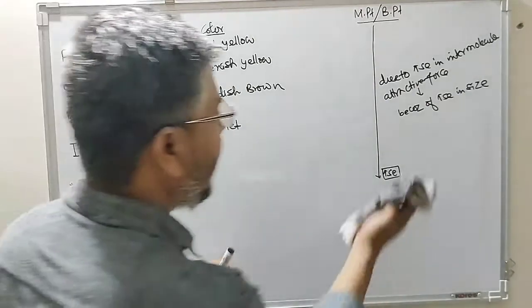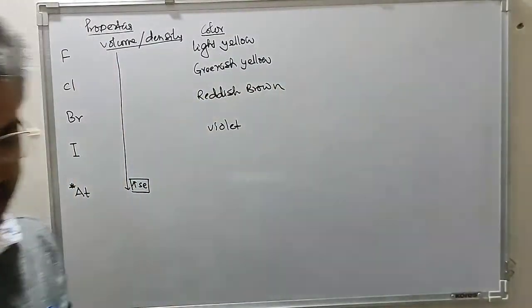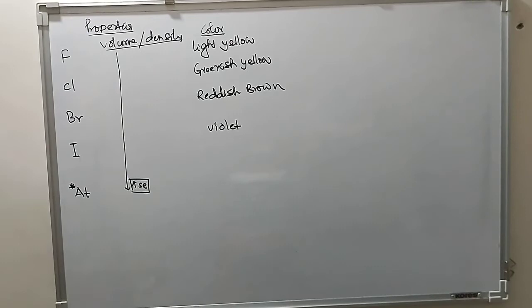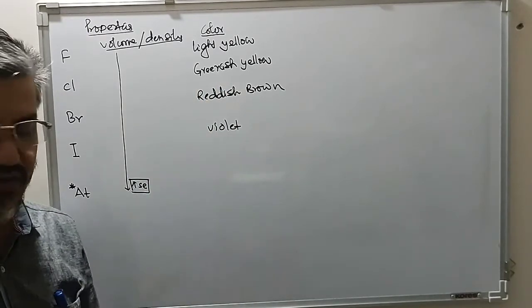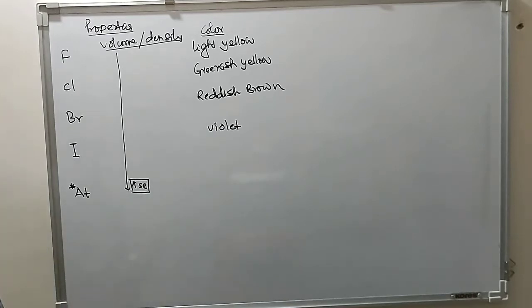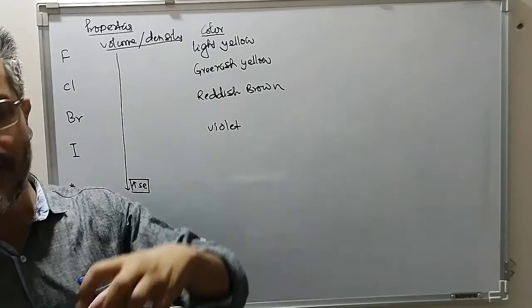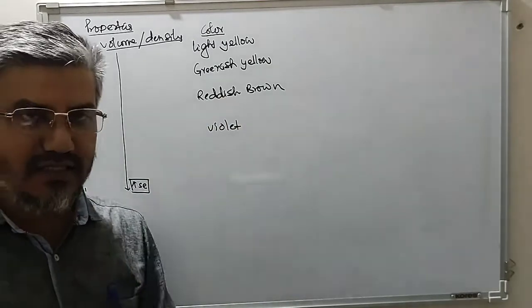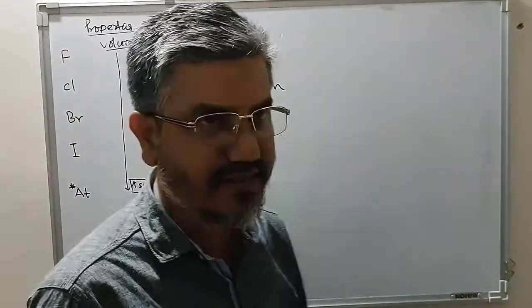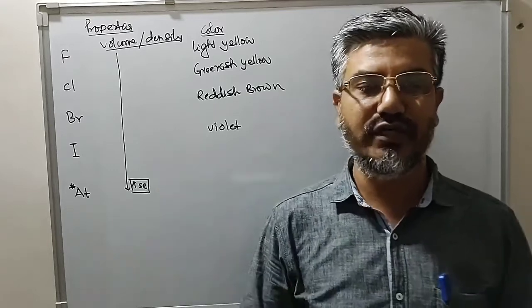Now look at this. Why does this element show color? Now in previous lectures or in earlier classes we have discussed the color of transition elements and their complexes also. So color basically arises, these elements absorb energy from the visible region and that energy is used to excite the electrons present in the outermost shell.